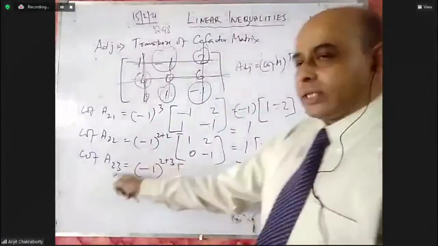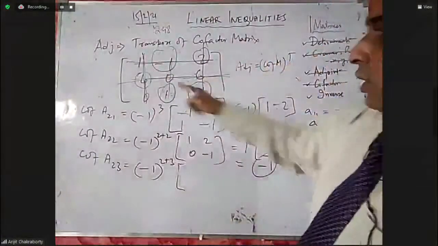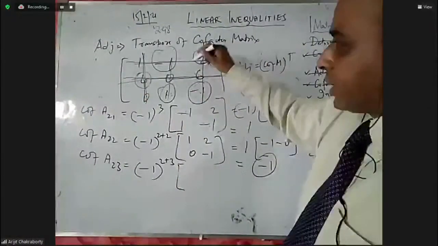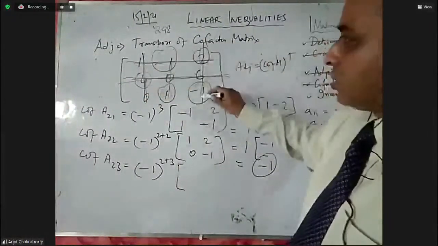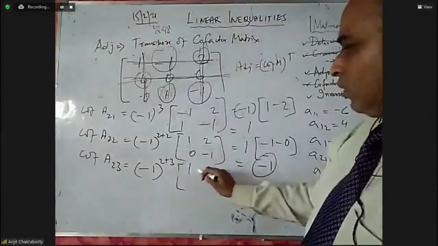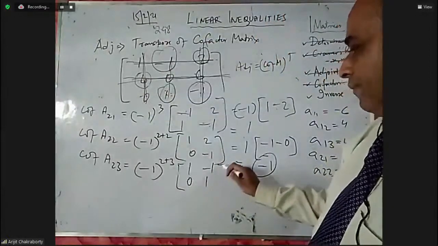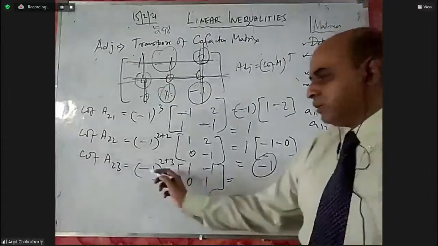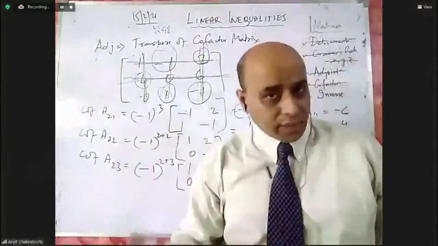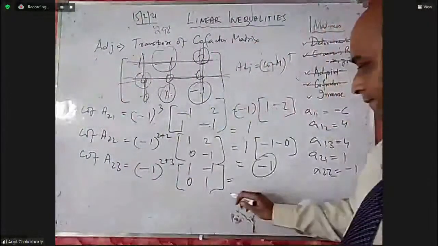The second row is gone and the third column is gone, so I will get 1, minus 1, 0, and 1. This will give me minus 1 to the power 2 plus 3, that is minus 1 to the power 5, which is again minus 1.